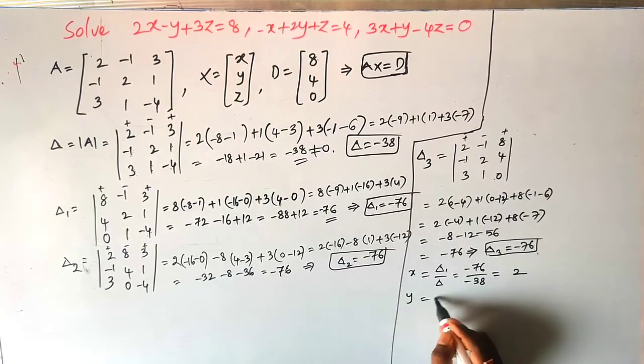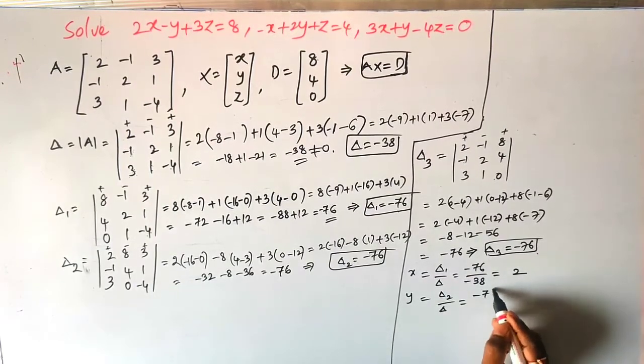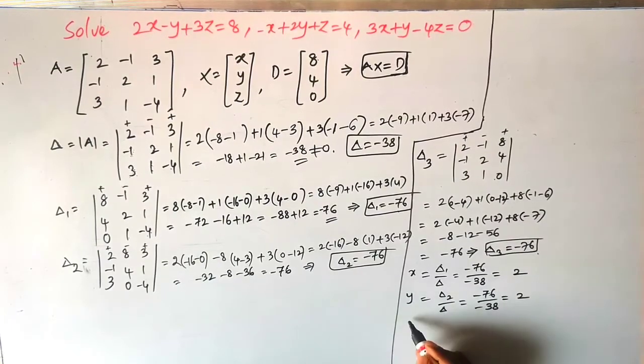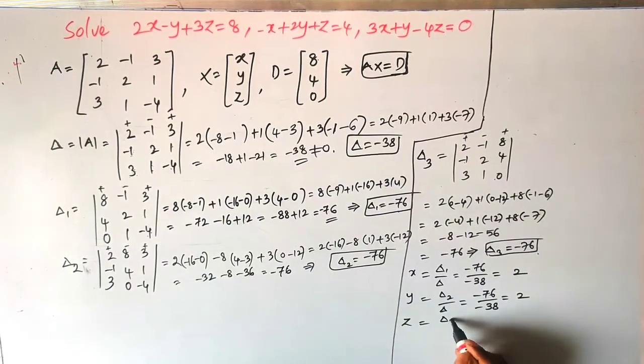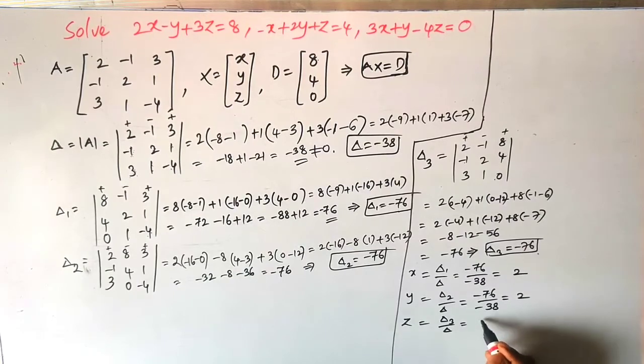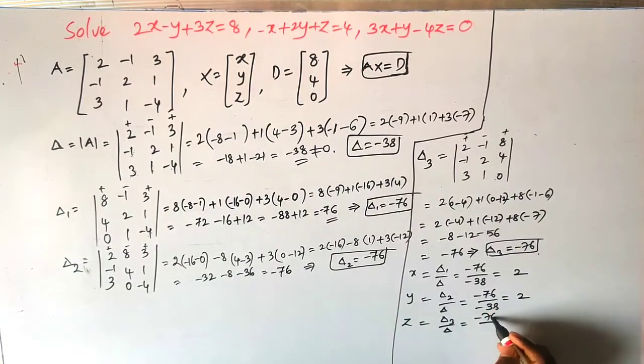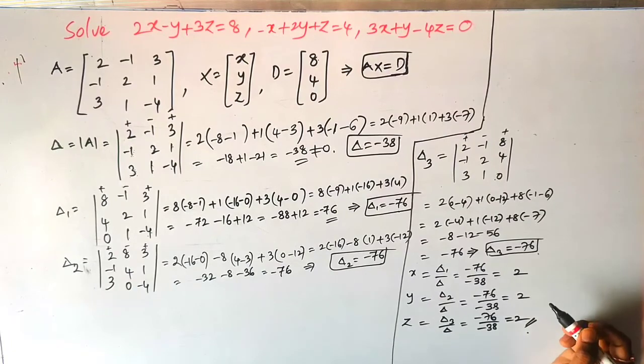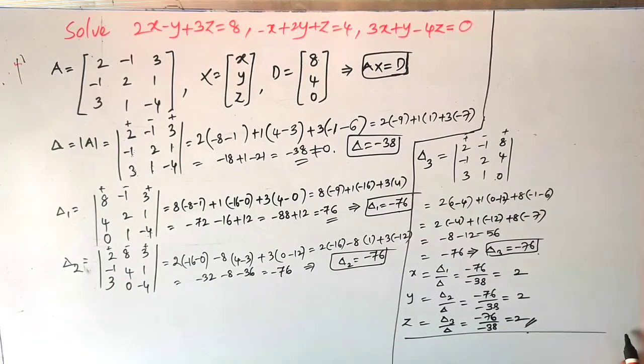Next, y value, delta 2 by delta, minus 76 by minus 38. That is also 2. Z equals delta 3 by delta, minus 76 by minus 38. That is also 2. So this is the solution. X equals 2, y equals 2, and z also equals 2.